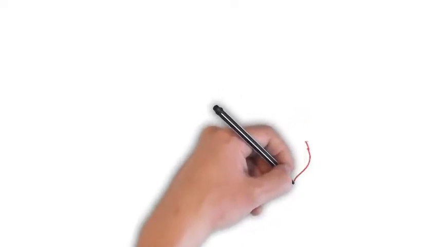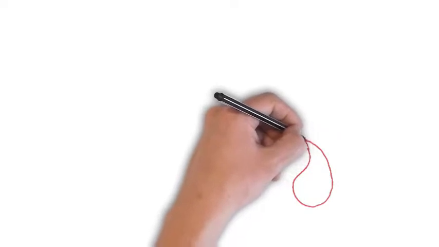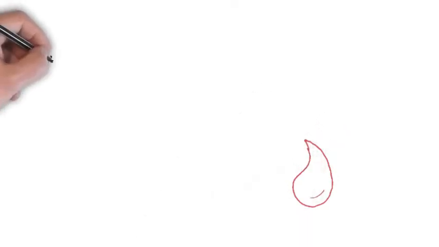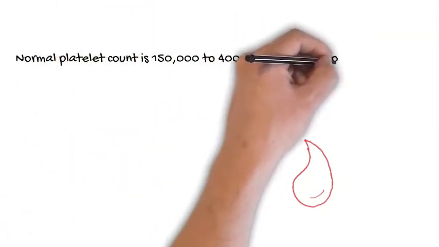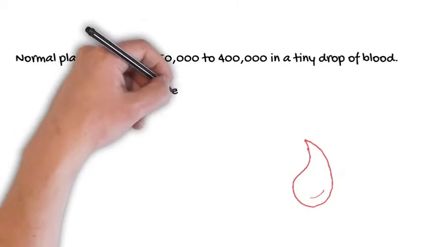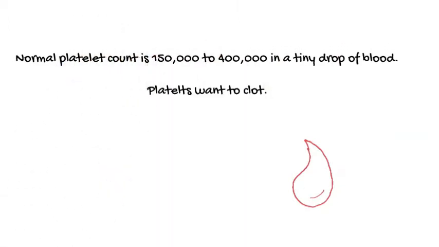We have 150 to 400,000 platelets in a cubic millimeter of blood. That's a very tiny little drop of blood to have so many platelets in it. In other words, our blood is full of platelets, and those platelets want to clot.